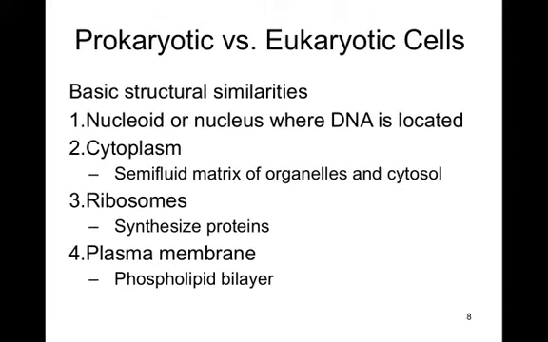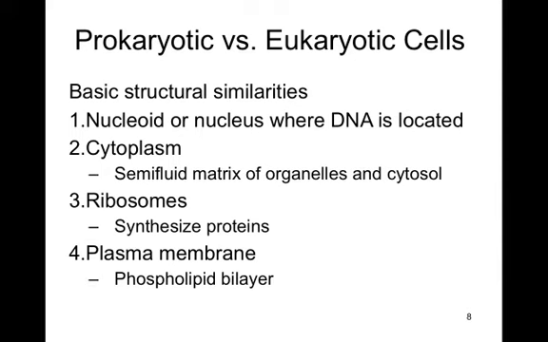Let's take a quick look at prokaryotic versus eukaryotic cells. First of all, we've already learned that prokaryotic cells are about 1/10 the size of eukaryotic cells, but they do have some basic structural similarities. They each have a nucleoid or nucleus where the DNA is located.